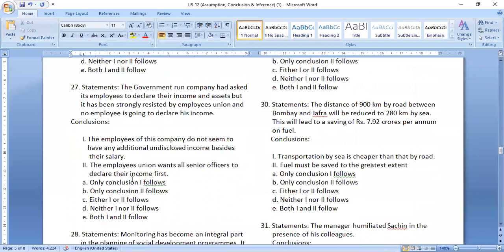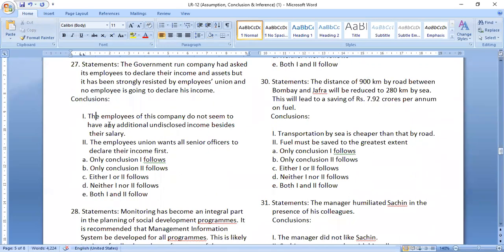So conclusion one is that the employees of this company do not seem to have any additional undisclosed income besides their salary.